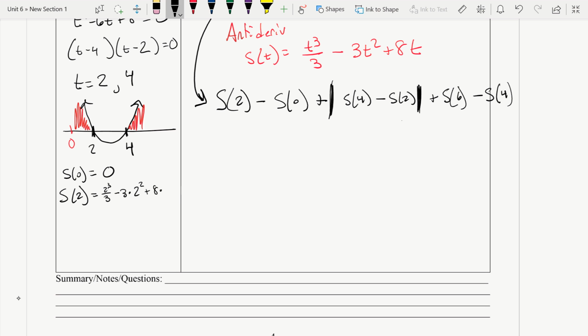So what do we got? We got 8 thirds minus 3 times 4, which is 12, and then 8 times 2 is 16, which, put together, is really plus 4. So we really have 8 thirds minus 12 thirds.